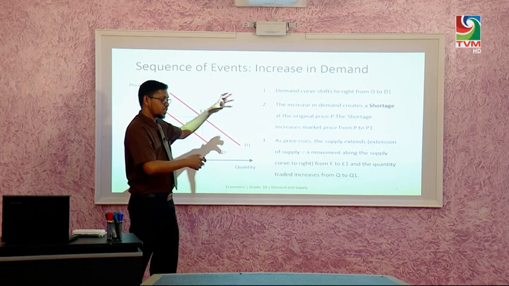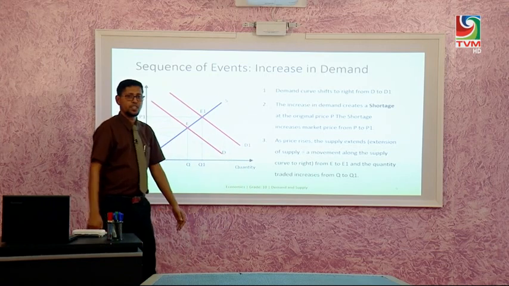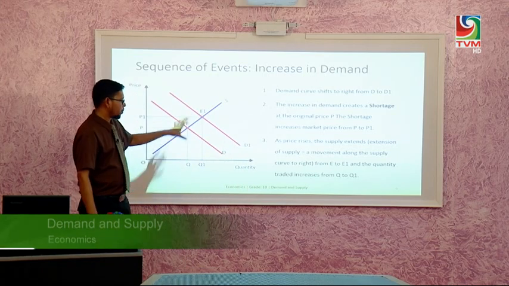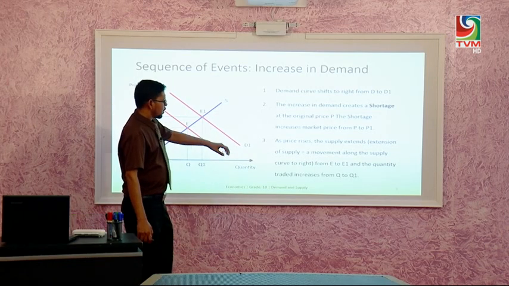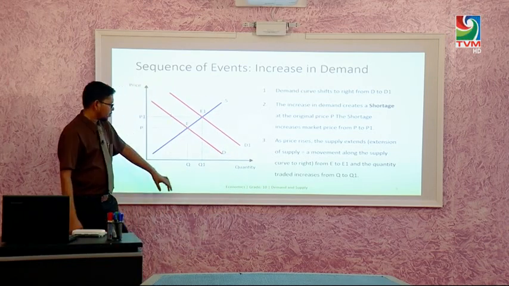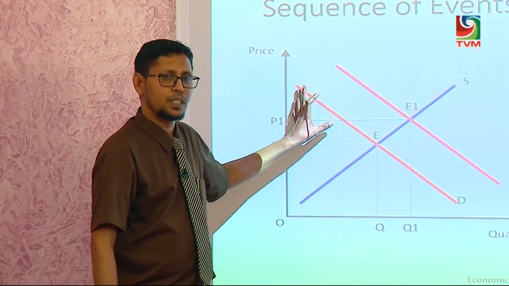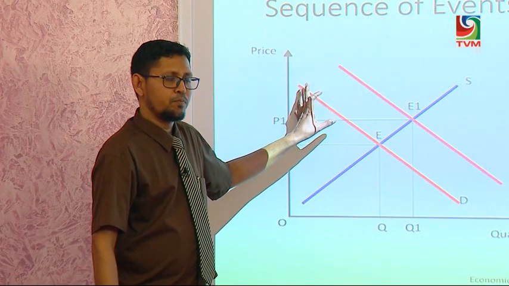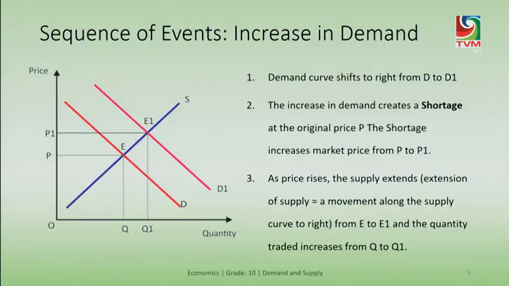When I have come across students, they have some misconceptions about the sequence of events that occur in a demand and supply diagram. Let's say some students will say quantity increases, due to that the price increases, but which is actually wrong. You will not get enough marks.